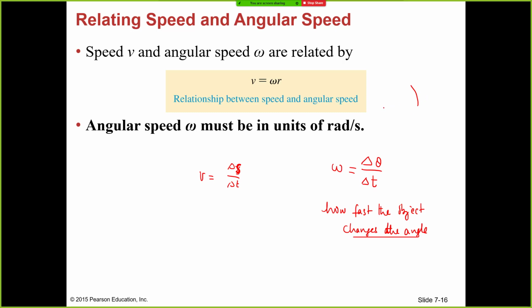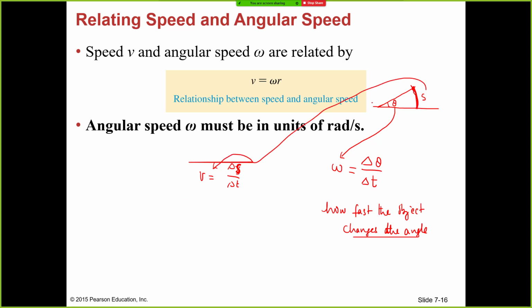Like I mentioned in the very beginning, there are two ways you can explain the motion of this particle, one using this angle, the other one using this s. Okay? In terms of angle, how fast it is changing the angle, we use this omega. In terms of s, how fast it is changing its arc length, that would be this v. Okay?